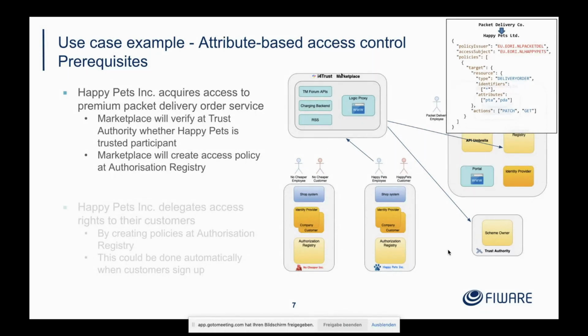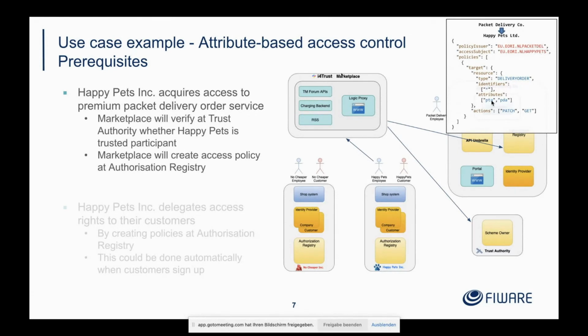And now when this Happy Pets employee acquires access to this premium offering, which would allow you to read and change delivery orders, what the marketplace will do is create an access policy at the registry of the packet delivery company, which is offering the service, which would look like this. So you have a policy issued by the packet delivery company to this Happy Pets organization.